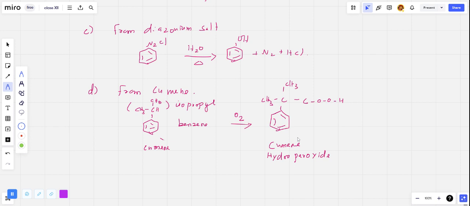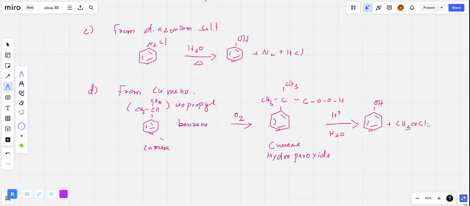So this cumin hydroperoxide, on acid hydrolysis, will give phenol. This is the commercial method, which means it is a profitable one.